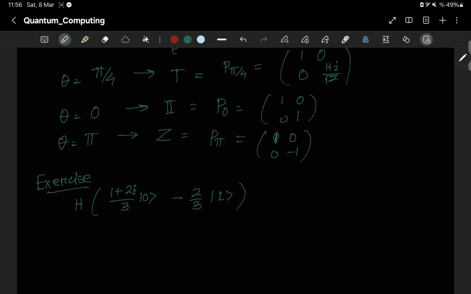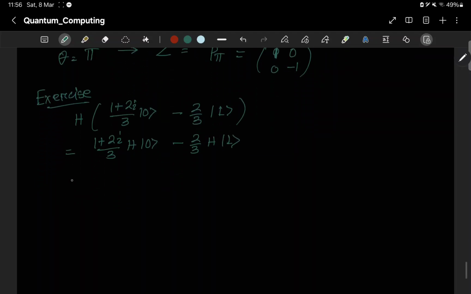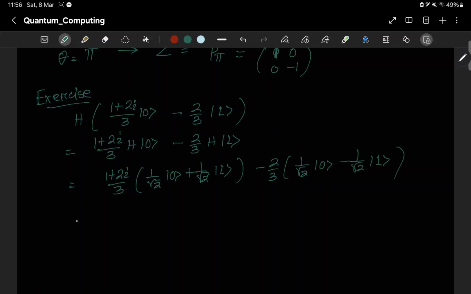There is another way of handling this: we can apply the Hadamard to the standard basis states, and then multiply the resulting elements, right? So for (1 plus 2i)/3, H|0> gives us 1 by root 2 |0> plus 1 by root 2 |1>, then for minus 2 by 3, H|1> gives us 1 by root 2 |0> minus 1 by root 2 |1>. And I think this is a better way of doing it.